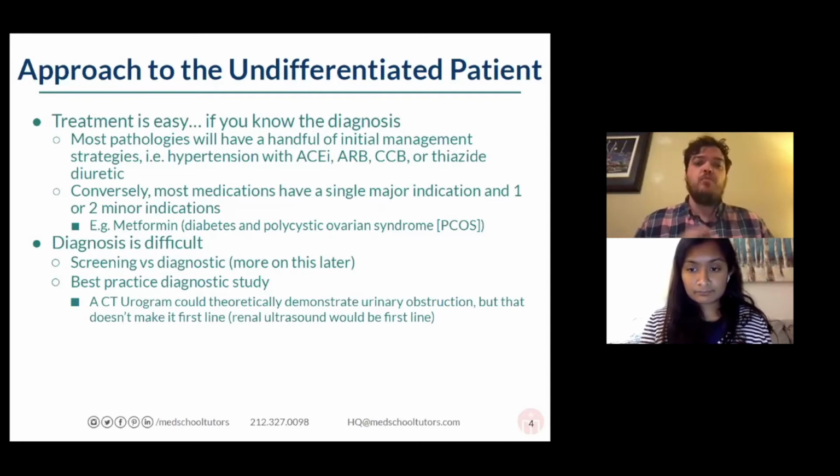So when we talk about best practice diagnostic study, the example I give here is if you suspected a patient of having a urinary obstruction and they had an AKI on their blood work, they weren't making a lot of urine, had some flank pain, had a history of kidney stones, and you wanted to see if they maybe had some hydronephrosis in their kidneys, you could order a CT urogram. Would that show you hydronephrosis? Absolutely. Would that show you obstructive nephrolithiasis? Absolutely, it would. But I think the more appropriate screening exam for hydronephrosis and urinary obstruction would be a renal ultrasound. You can see hydronephrosis with that.